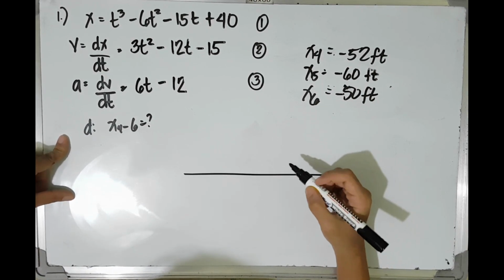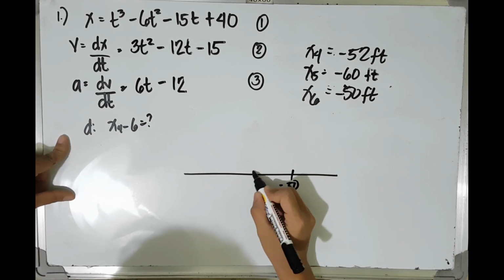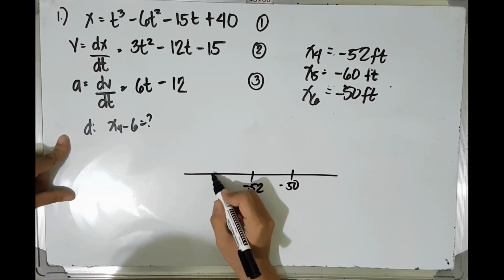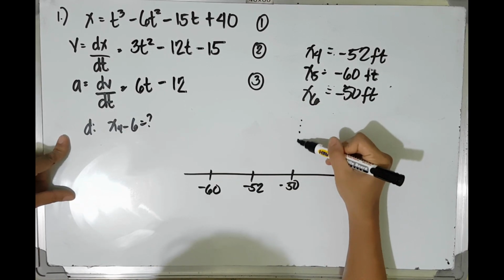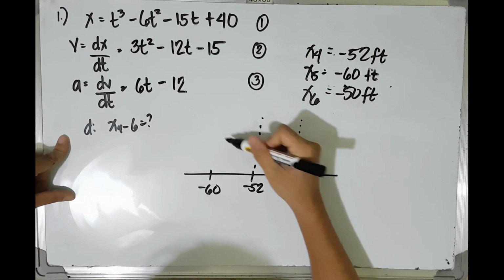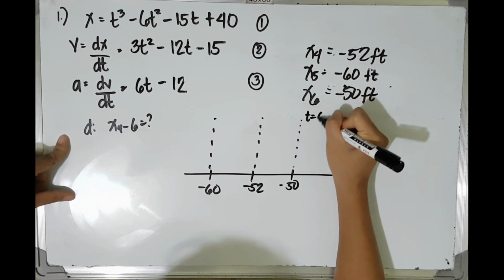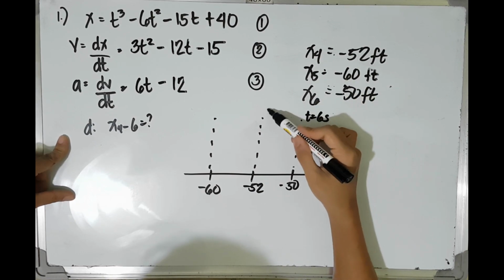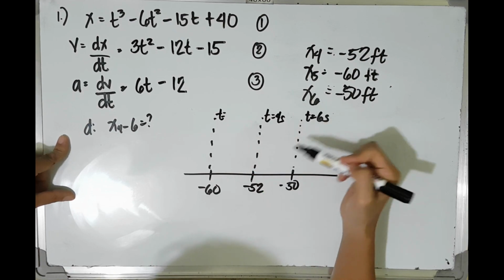So we have here negative 50, then negative 52, and negative 60. Our negative 50 is at the 6th second, negative 52 at the 4th second, and 60 is at the 5th second.